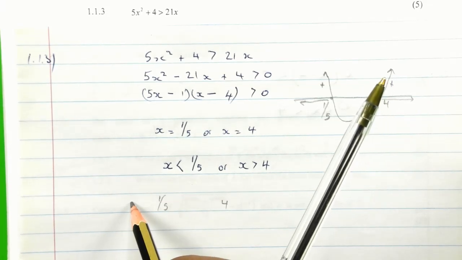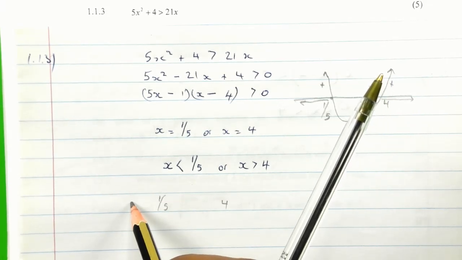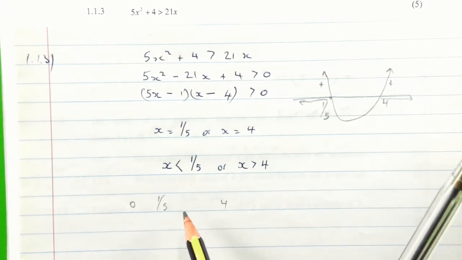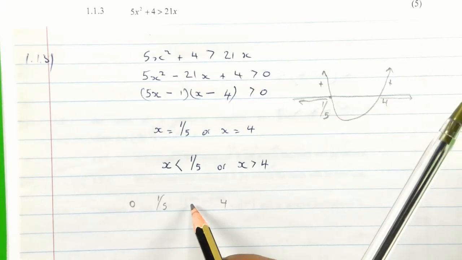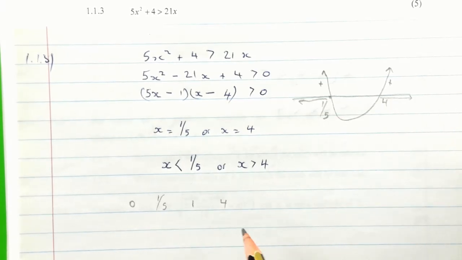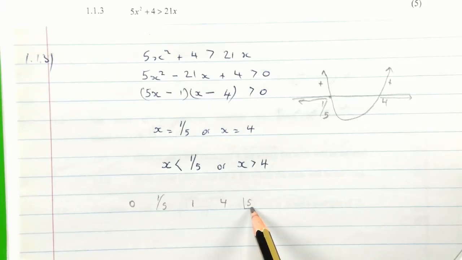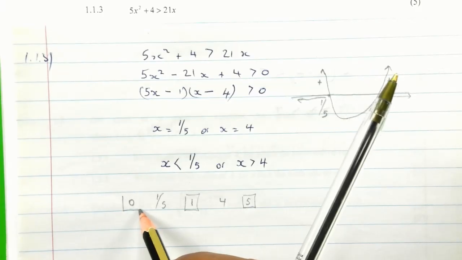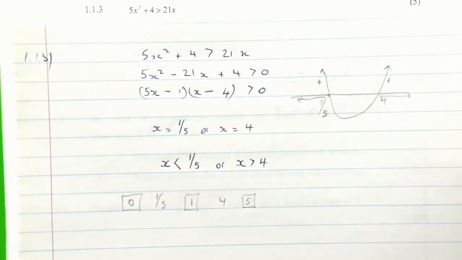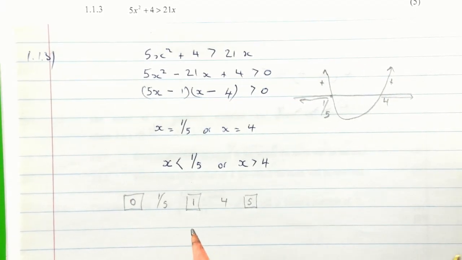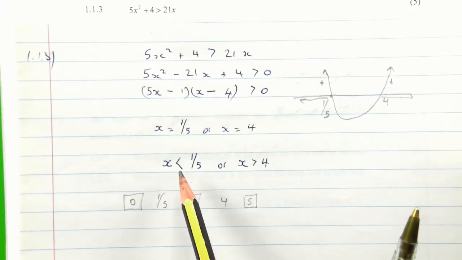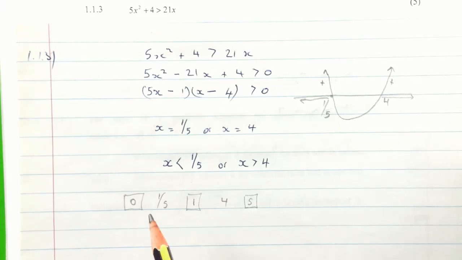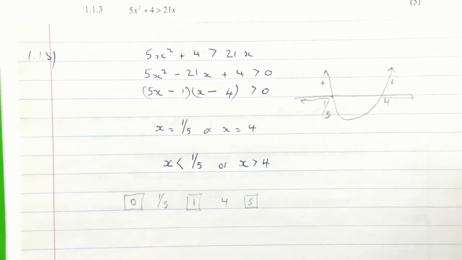The first easiest one would be what? Would be a 0 on the number line. Then in the middle of this, I can take 1. Okay. Then I can take a 5. So you put it in your calculator, check what these give you, and then you want those ones which will give you outputs that are greater than 0.